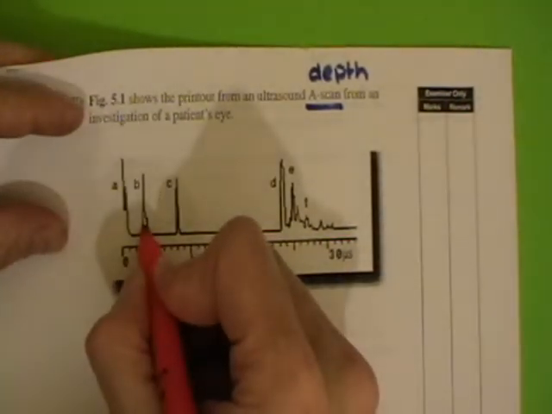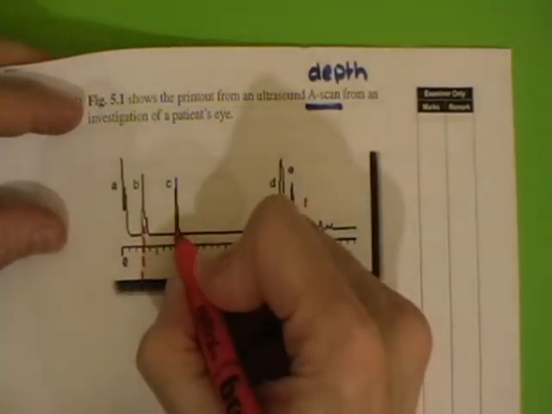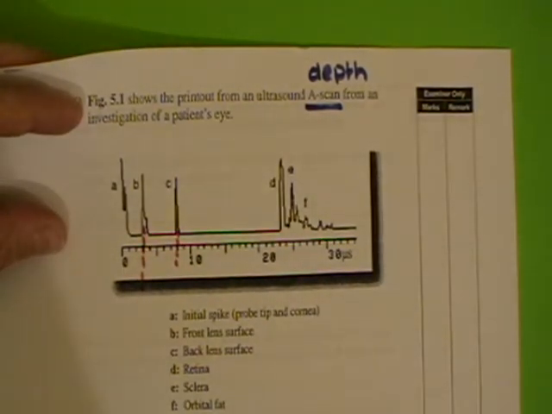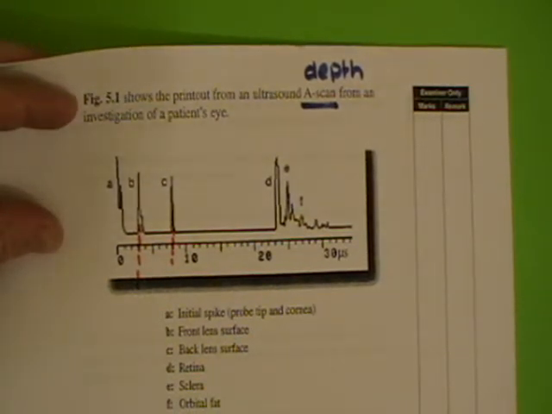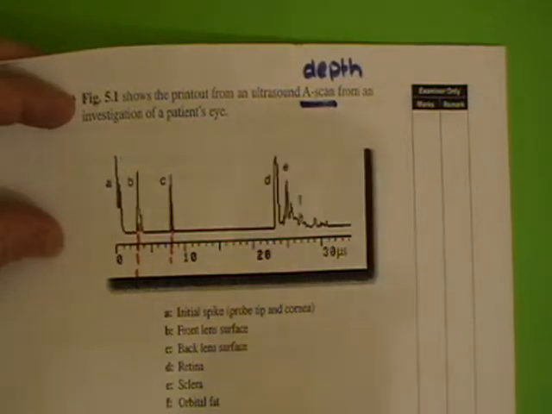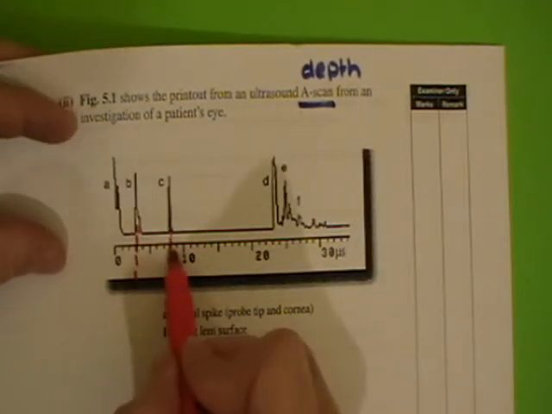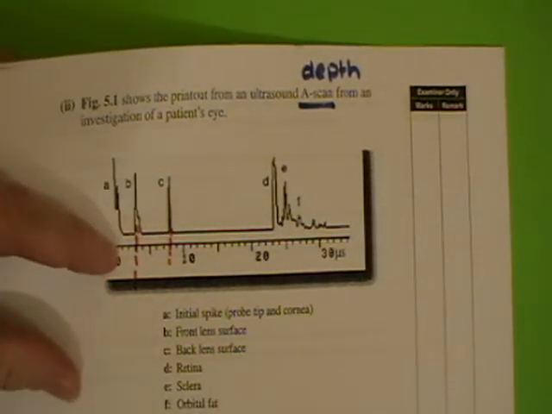So here we can see the front lens surface, and this is the back lens surface. That is the echo from the back surface of the lens, the time when it's received. The difference in time between those two is the time it takes to get to the back and out again, so that's double the time.